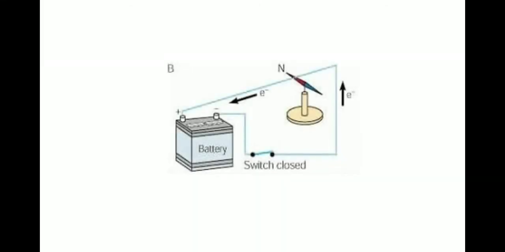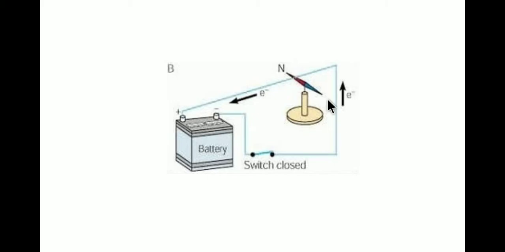But as soon as the current starts flowing, when the switch is closed or on, the magnetic needle shows some deflection. This is because when current flows through the wire, a magnetic field is generated around the wire, and because of that field, the magnetic needle shows the deflection.